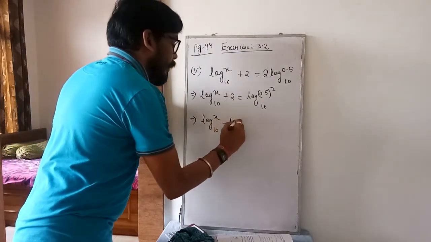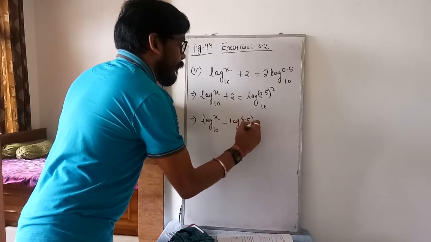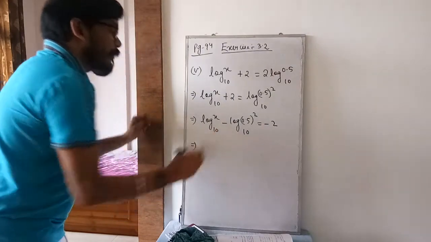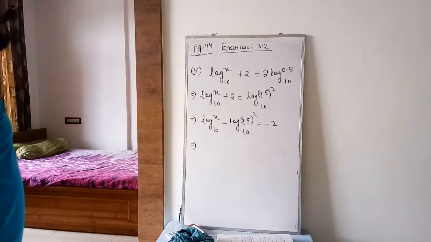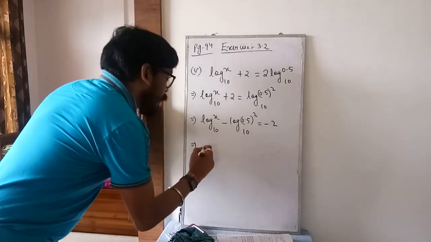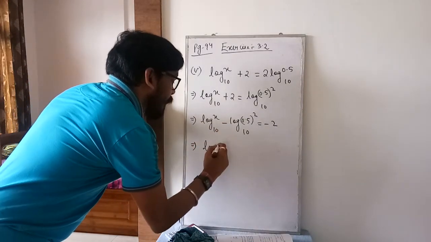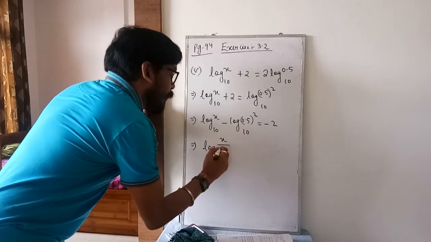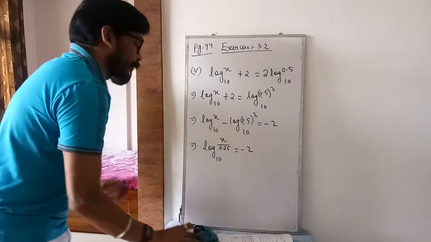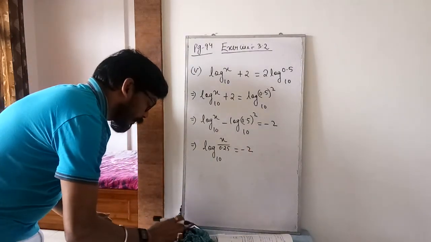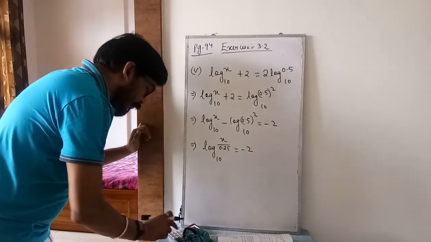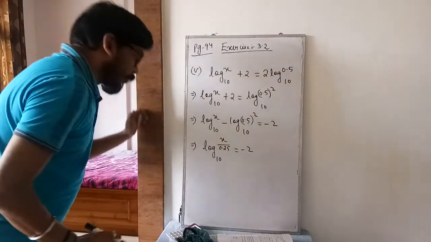So log x minus log 0.5 squared, base 10, equals minus 2. Here the bases are the same and in between minus is there, so we can replace it by divide. So log base 10 of x by 0.5 whole square equals minus 2. Sorry, 0.5 into 0.5, so 0.25.